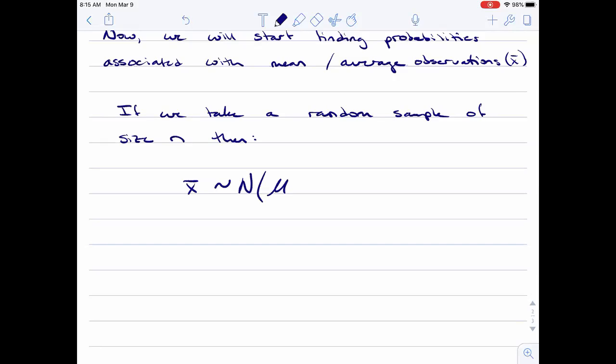And we'll talk about why that is. The only thing that's different is that instead of sigma as your standard deviation, the standard deviation for an average observation is going to be sigma over root n.